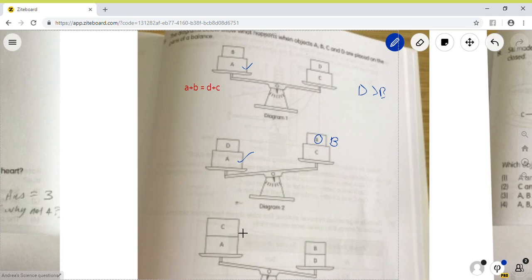Then if I put C here and D here, A remains here again. So I put C, D remains here. So B is heavier than C, right? Can I deduce that?